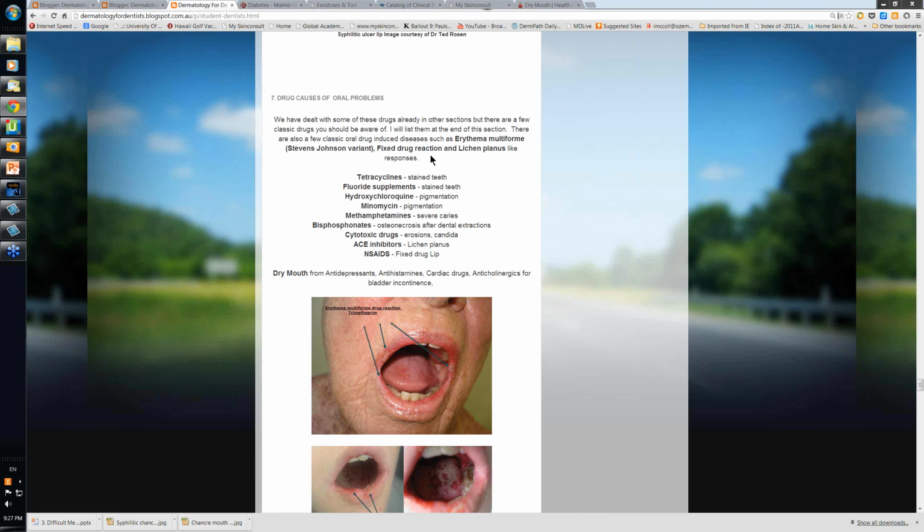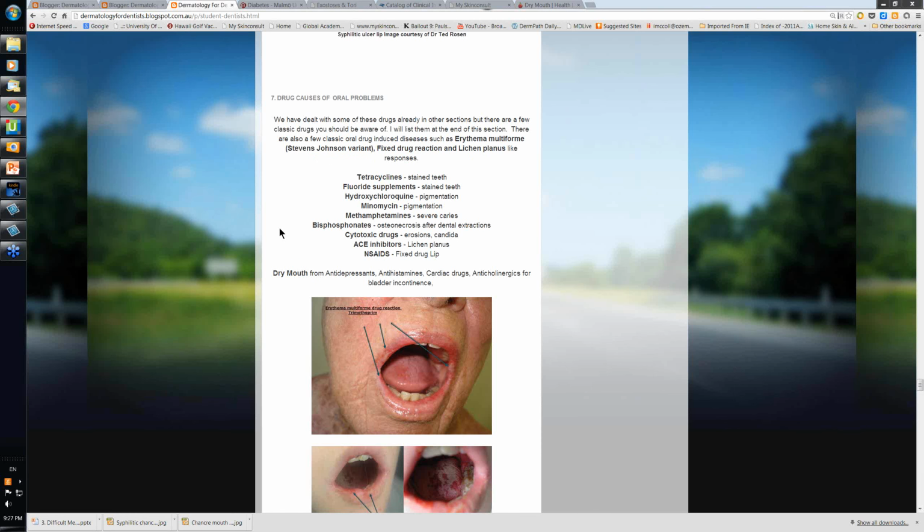And the particular drugs that will do it will be the ACE inhibitors and some of the drugs that are used in epilepsy and some of the beta blockers. They can all cause a lichen planus-like reaction in the inside of the mouth. So the diseases: erythema multiforme, especially the Stevens-Johnson, fixed drug reaction, and lichen planus.